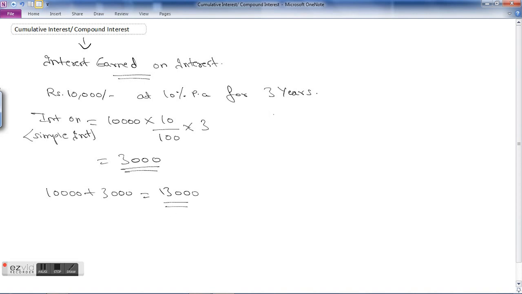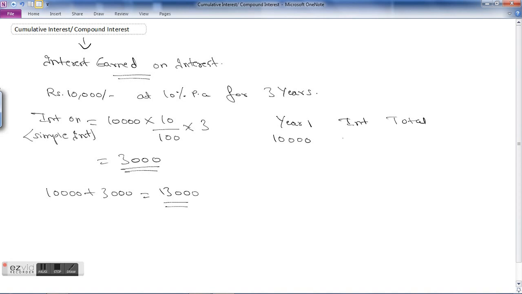Now let's understand how we calculate compound interest. First we will understand the basic concept and then we will see the formula. So let's put it as year 1, interest, total. In year 1 the amount invested is 10,000.